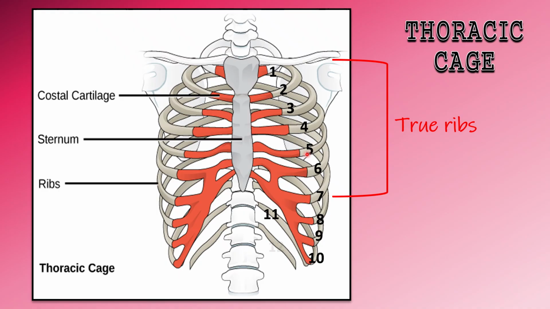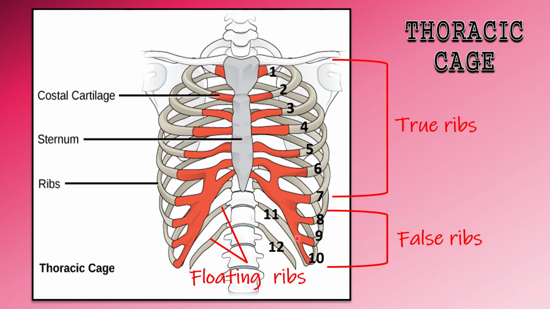Ribs 8, 9, 10, 11, and 12 are your false ribs, because with regard to 8 and 9, they're connected to cartilage, which then is connected to the cartilage of number 7, which then is connected to the sternum. So they are false ribs in the fact that they're not connected directly to bone, but their cartilages are connected to cartilage. And with regard to 11 and 12, they're not connected to cartilage at all, and so we refer to those as your floating ribs.